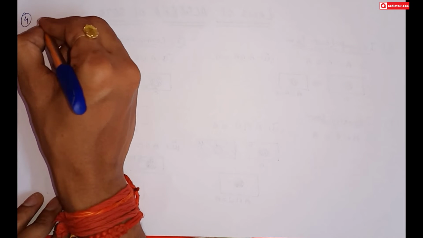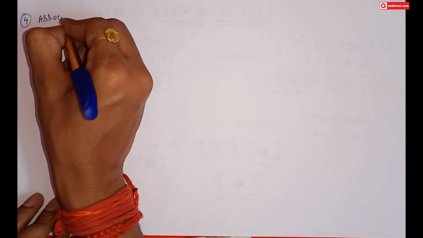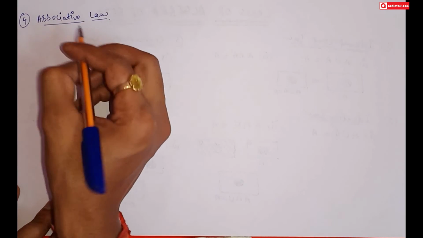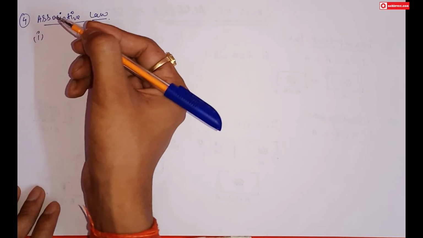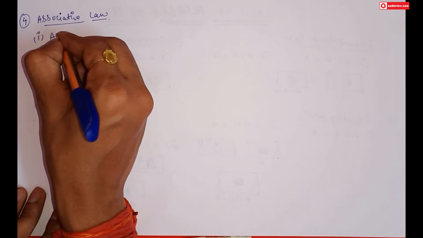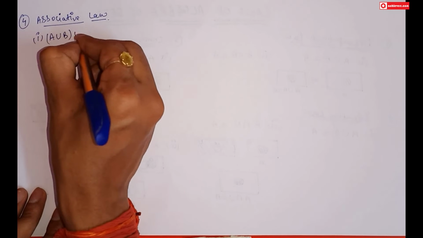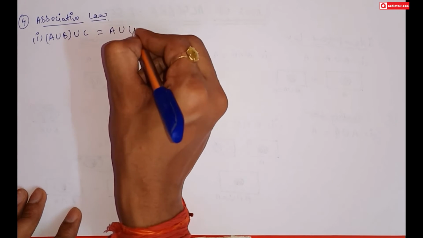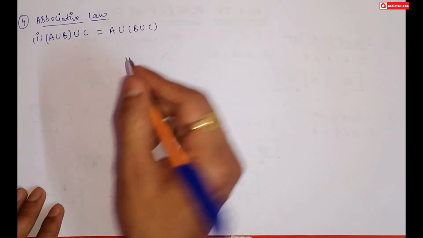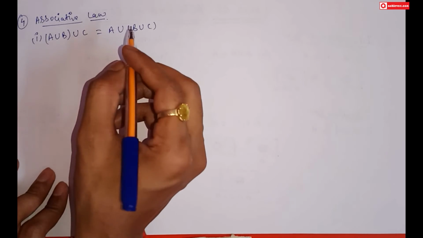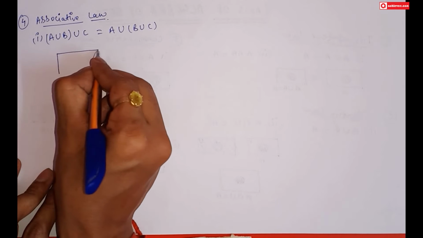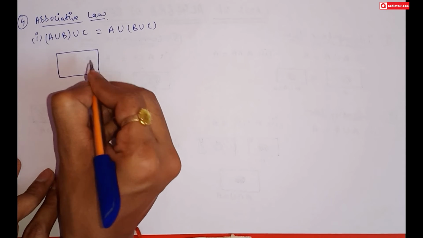So now we have the fourth law, that is the associative law. The first case in this associative law is A union (B union C) is equal to (A union B) union C. This can be proved by Venn diagram only. Suppose we make three sets in our Venn diagram.